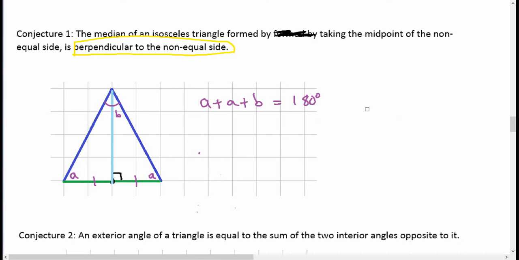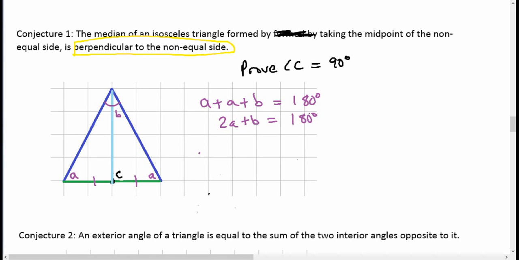Now we're trying to show that an angle inside here, C, is equal to 90 degrees. So we can start off with 2A plus B is equal to 180.